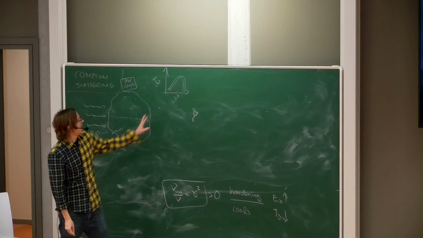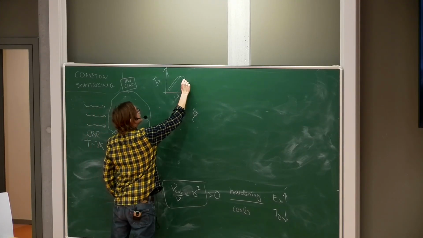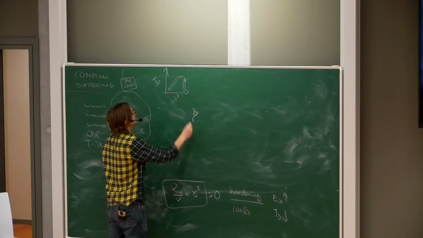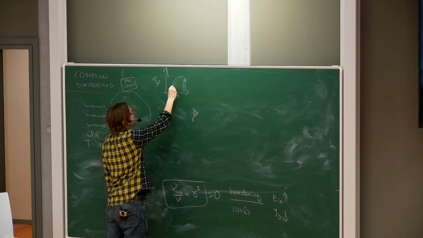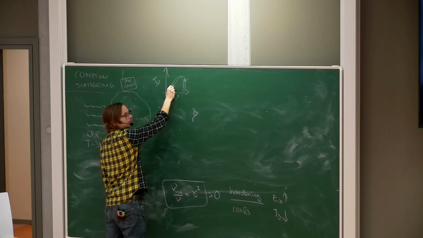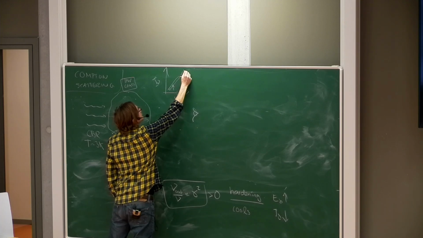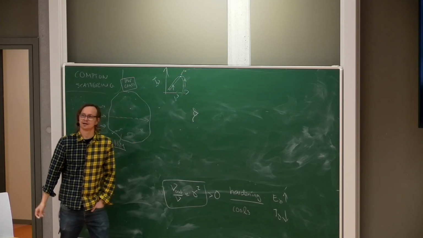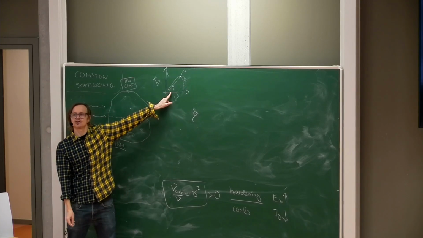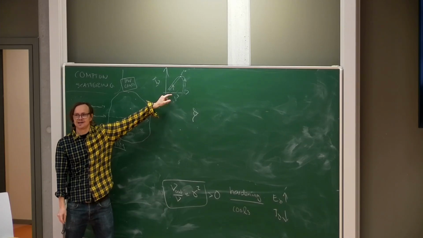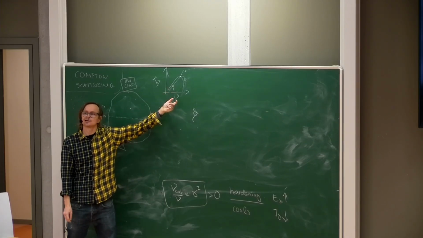At the high energy end, you will receive more photons. At the low energy end, you will receive fewer photons as compared to the undisturbed spectrum. And there will, of course, be some sort of transition point here as well. Like I said, this picture is highly exaggerated. This is a tiny, tiny effect.